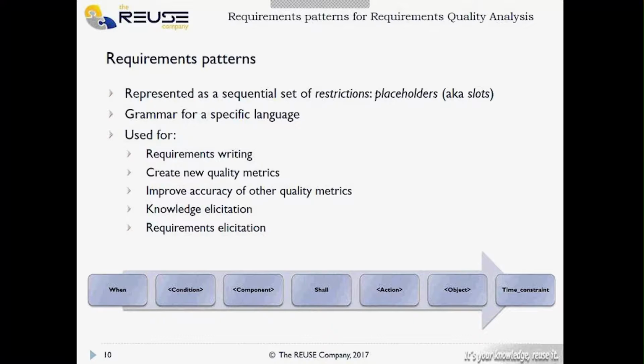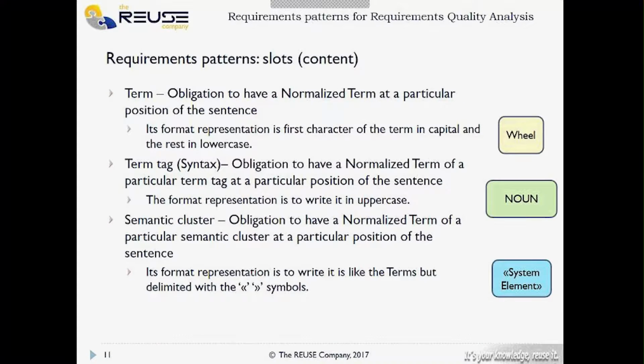And let me tell you that out of the box in Requirements Quality Analyzer, you will find a bunch of similar patterns. In terms of the main items you can see in these patterns, or the placeholders, technically speaking, we call all these placeholders slots. So for us, a pattern is a sequence of slots.